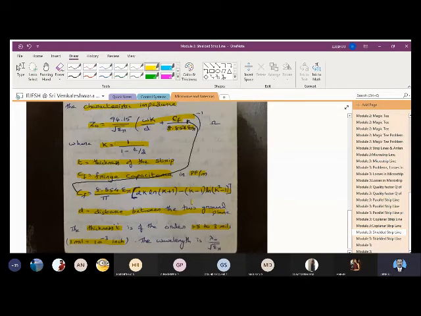If you need any conversion, 1 mil is 10 to the power of minus 3 inch. Further, we will note down these things. The wavelength is lambda naught by root epsilon r. These equations we will be using in problems and simplifying them.